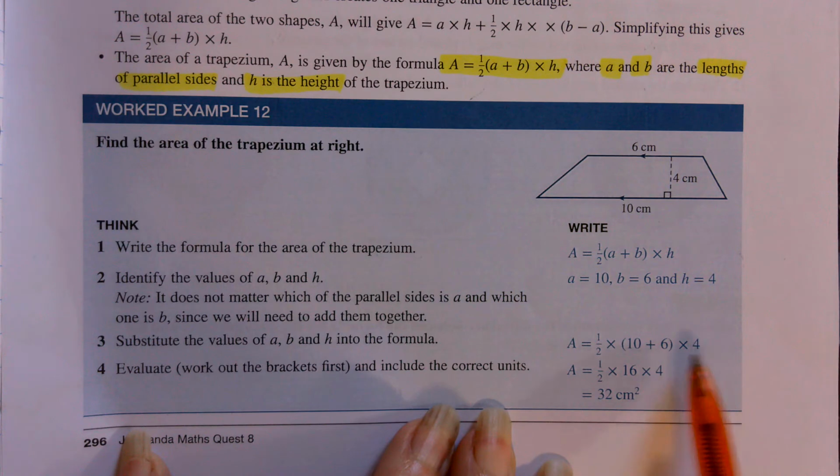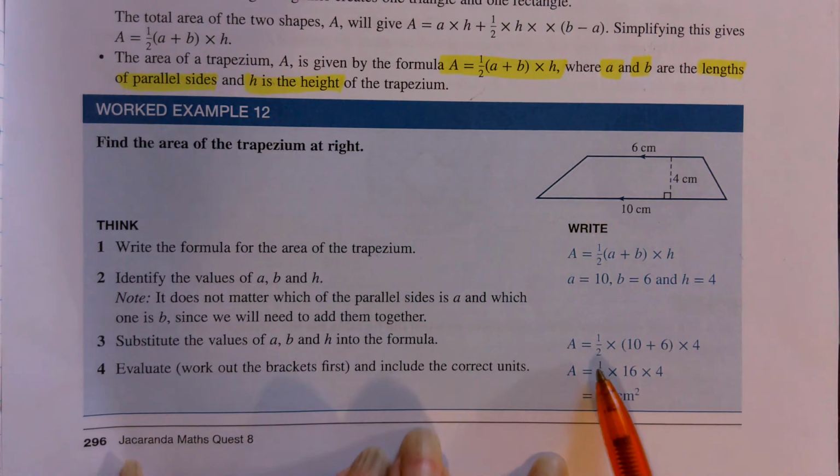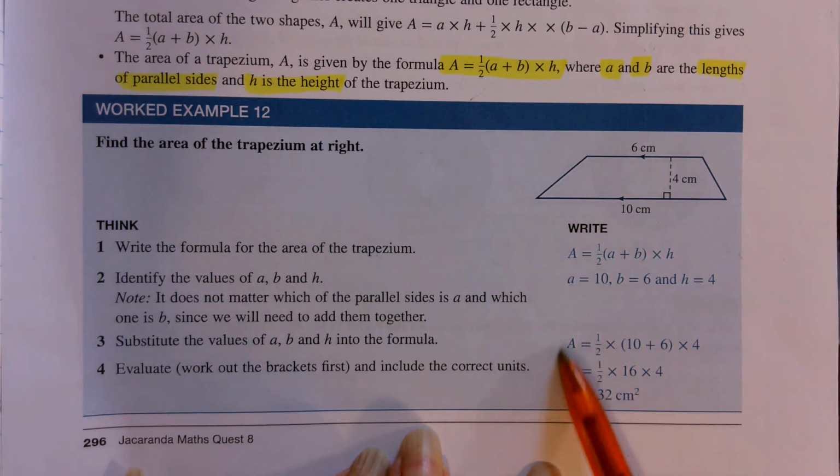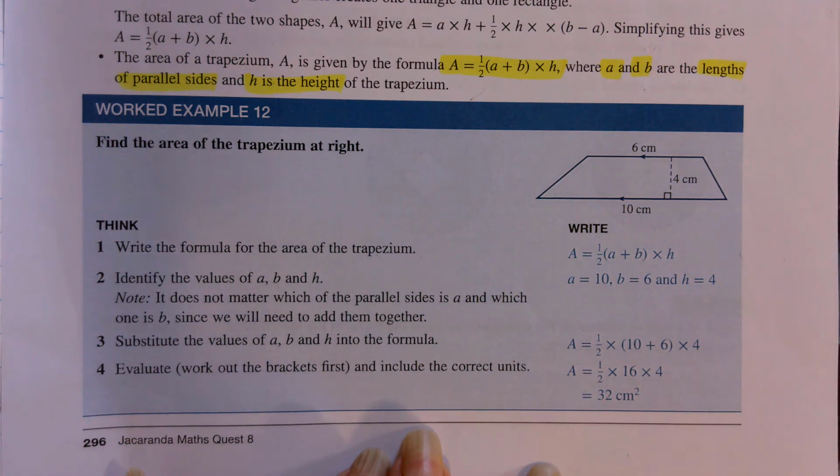We put this into our formula, so it's half A plus B, and we multiply it by the height. Spread that out, and we come up with this answer. So 10 plus 6 is 16. Remember, brackets first, order of operations, and then we multiply this out. Copy this down, and you always go through all of these steps for your working out.